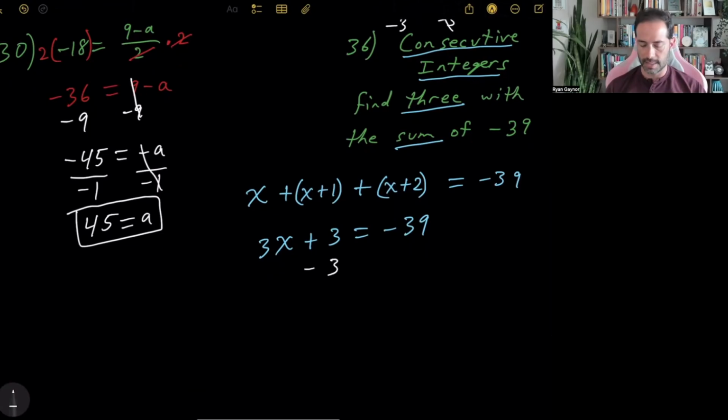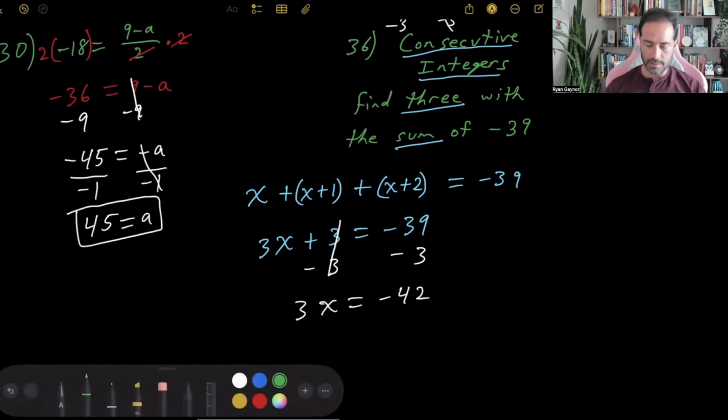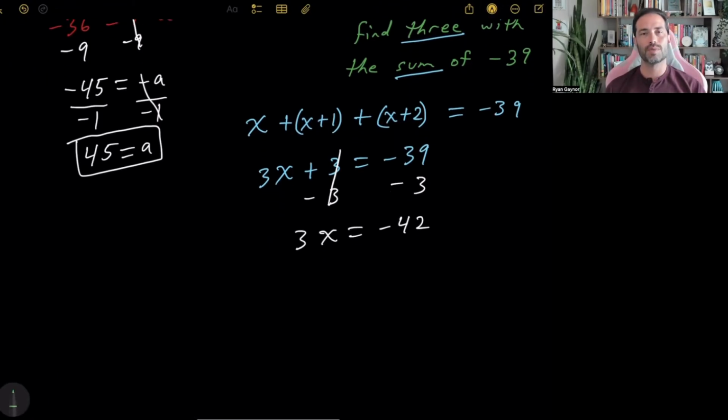Opposite on both sides, so I have a positive 3. I do negative 3 on both sides. That cancels out. 3x equals, I borrowed $39. That's negative 39. And then I borrowed $3. That's negative 3. So that means that I borrowed $42, negative 42. And then again, I'm going to do the opposite. 3x means 3 times x.